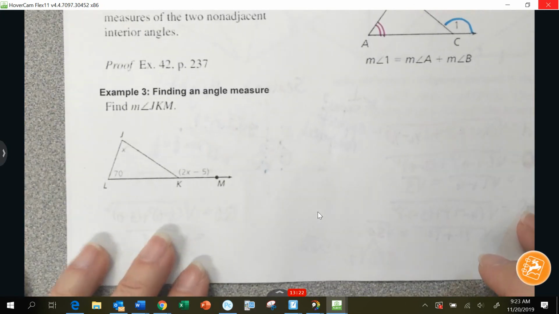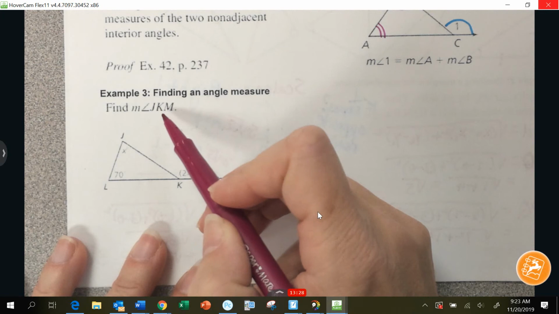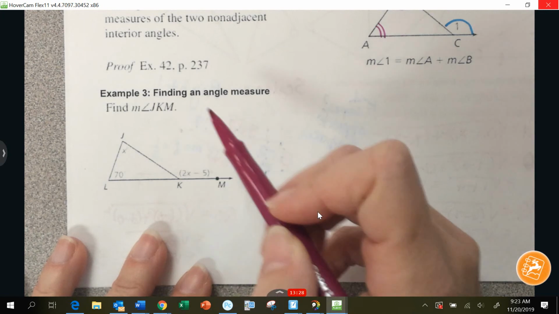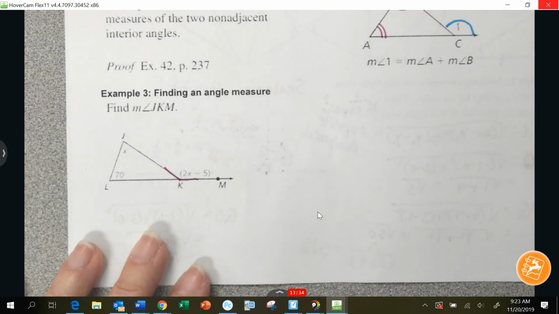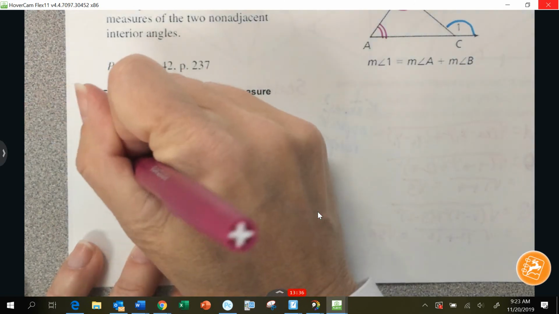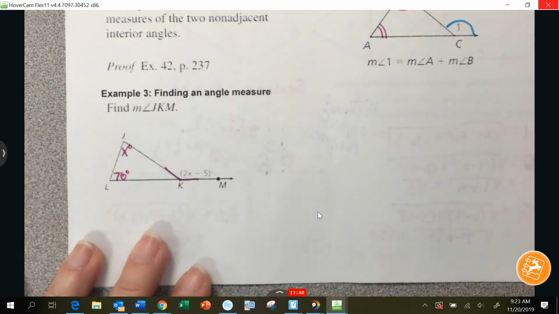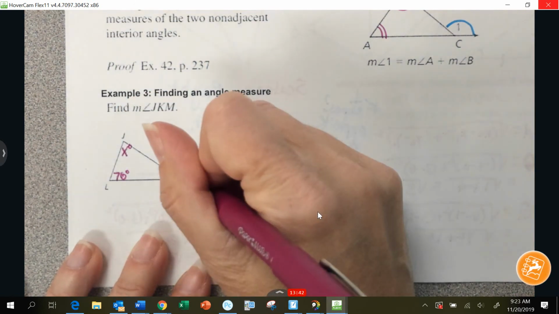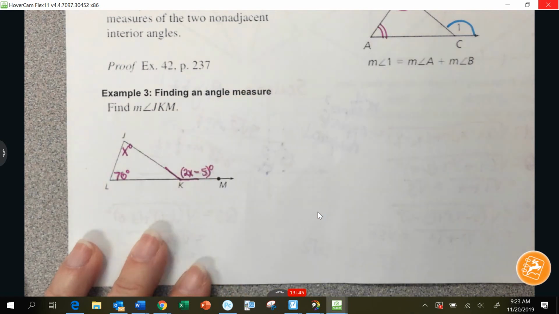So finding an angle measure, we need to find the measure of angle JKM, this angle. Well, I have an x for J. I've got 70 degrees for L, and outside here, the one I need to find is 2x minus 5 degrees.